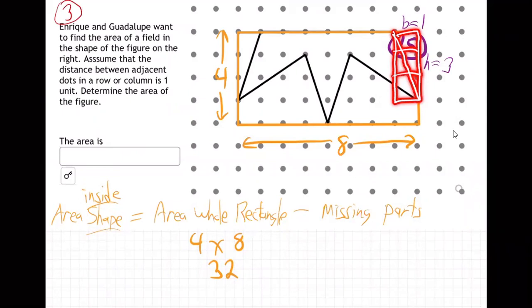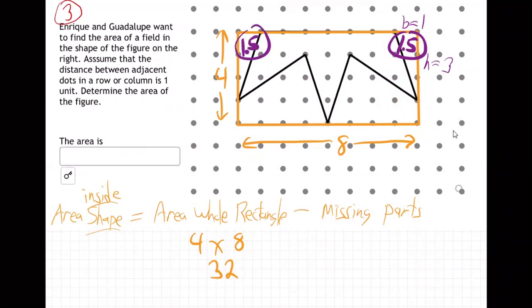So that triangle occupies exactly half of 3 squares, a square and a half, 1.5 squares. See how that's what its area is? That's why there's a half in the triangle formula. And this one over here is identical. I'm just going to go 1.5. Those are the same.